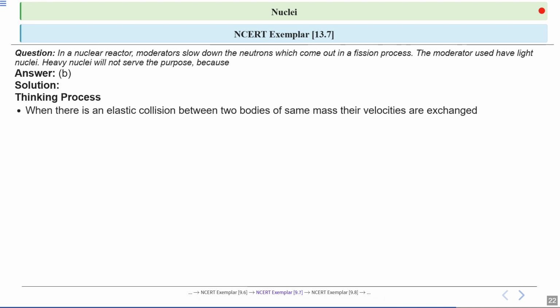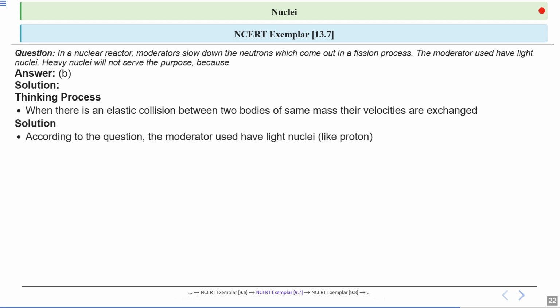The thinking process for this question is that when there is an elastic collision between two bodies of the same mass, their velocities are exchanged. So according to the question, the moderator used has light nuclei like protons.